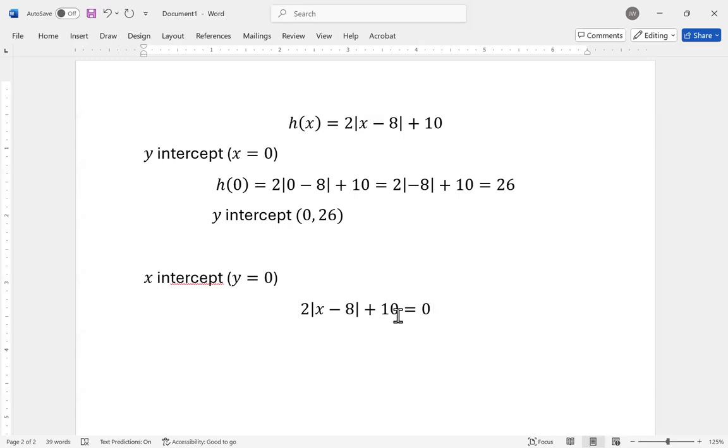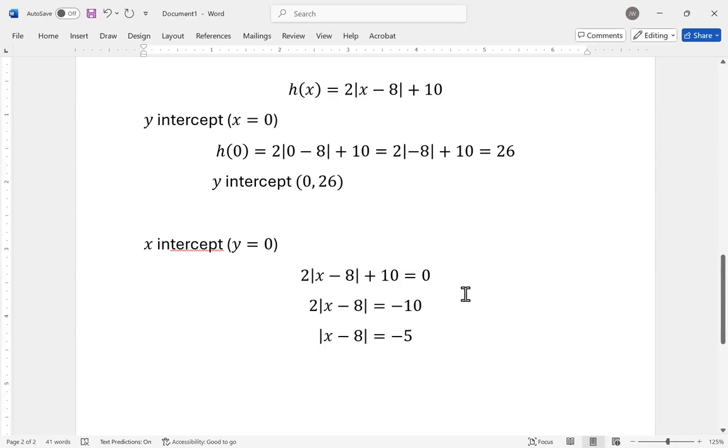Then we solve this. The first thing I would do is I would subtract 10 from both sides. And then I would divide by 2. That gives me absolute value of x minus 8 is equal to a negative 5.